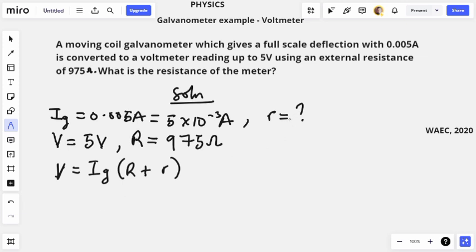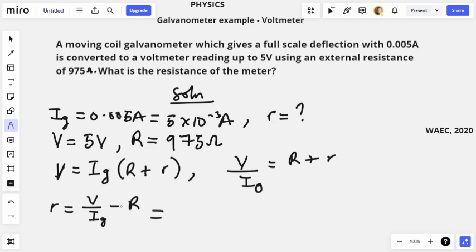Since we are looking for small r, we make small r the subject. We divide both sides by I subscript G, which leaves R plus small r on this side. Making small r the subject, we have V divided by I subscript G, minus big R.